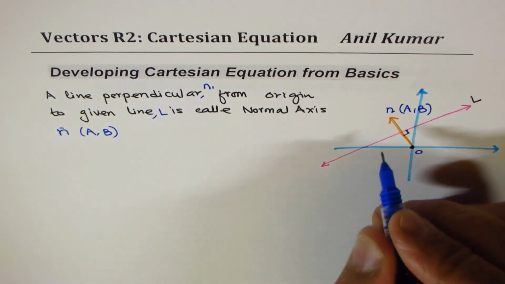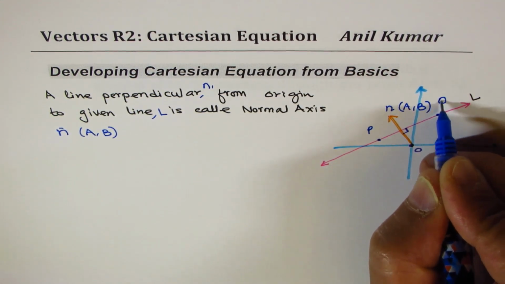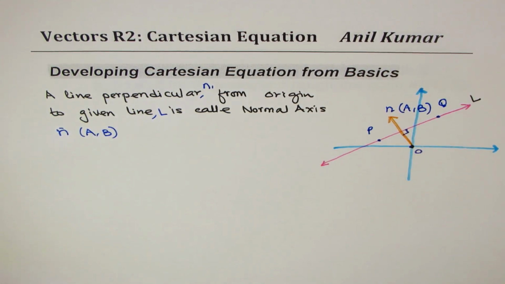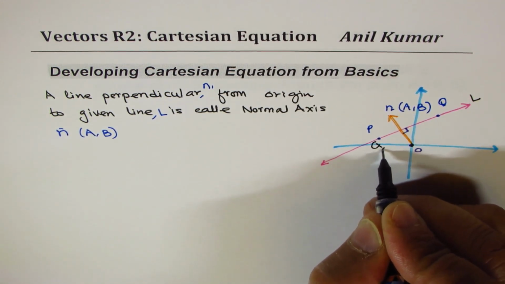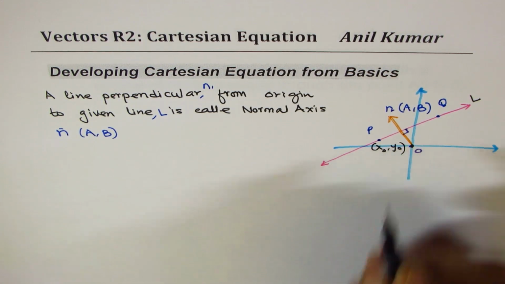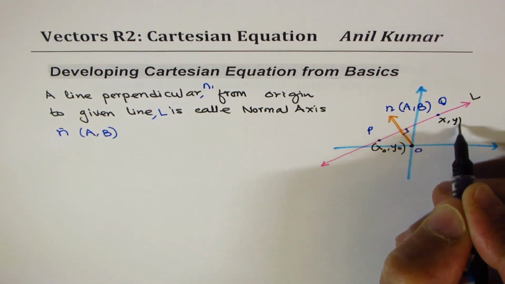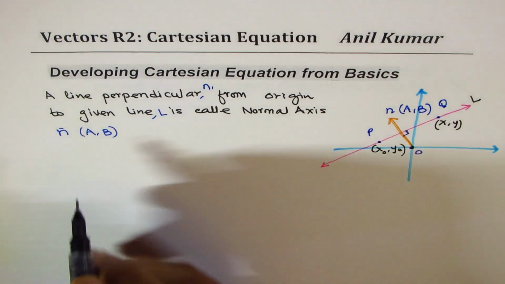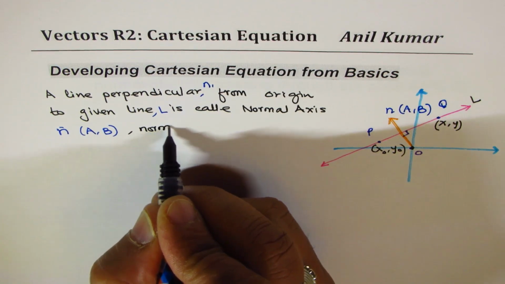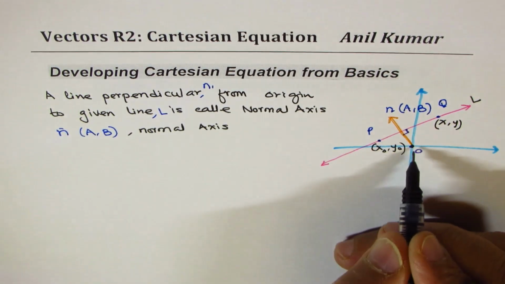And on the line L, let's take 2 points P and Q. Let us say that the coordinates of point P are x0, y0, which is fixed, some given point. And this is a general point xy. So what we have here is the normal axis, which is always from origin.